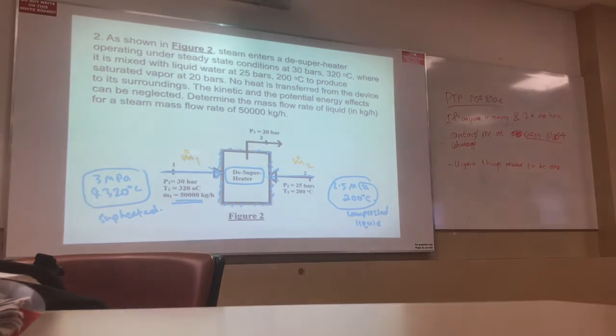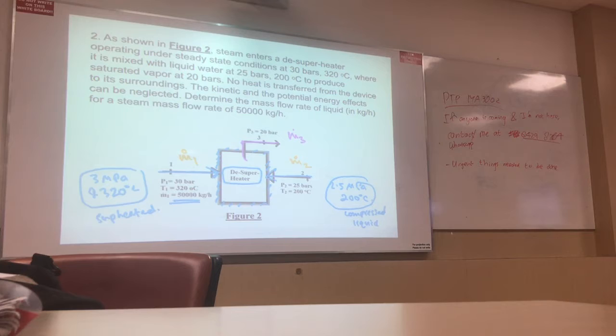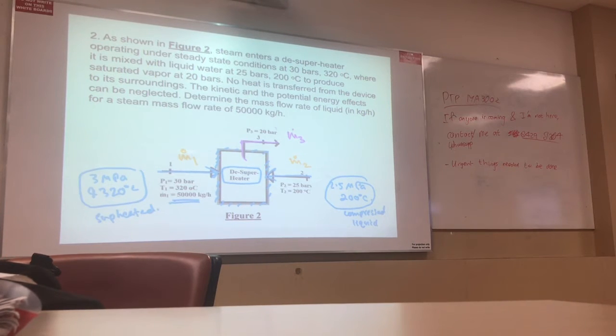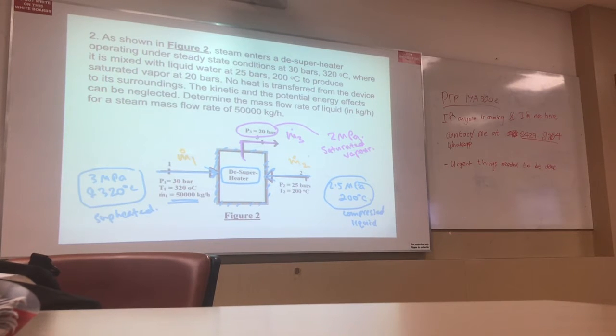So I can say two inlets and one outlet. The outlet I put in pink color here. The mass flow rate is m dot 3 and the condition here is 2 megapascal, 20 bar, saturated vapor. Alright? And they ask you to find the mass flow rate at state 2.